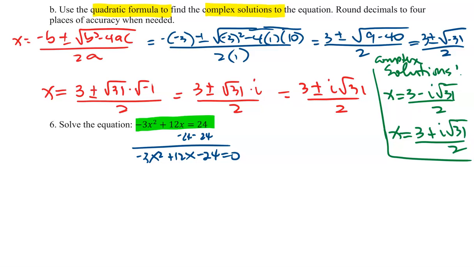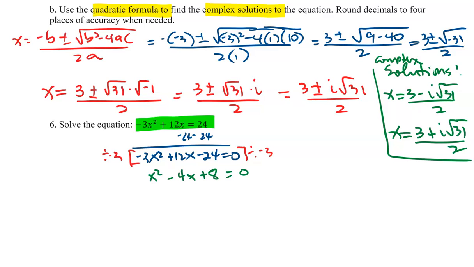And here, before we use the quadratic formula, since -3, 12, and -24 are all divisible by -3, we can divide both sides by -3. And that gives you x squared, 12 divided by -3 is -4x, -24 divided by -3 is +8, 0 divided by -3 is 0.